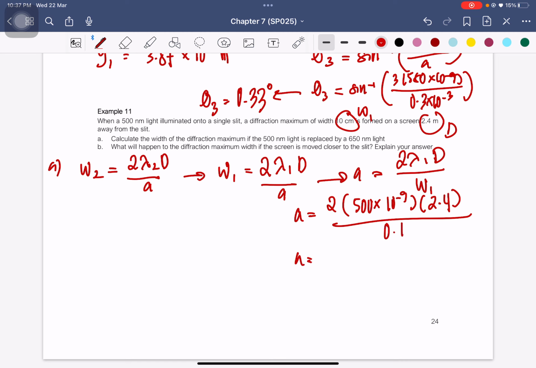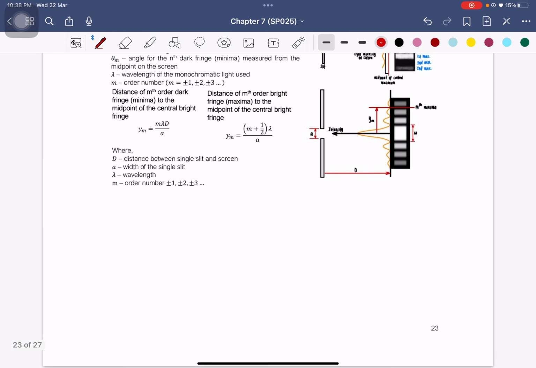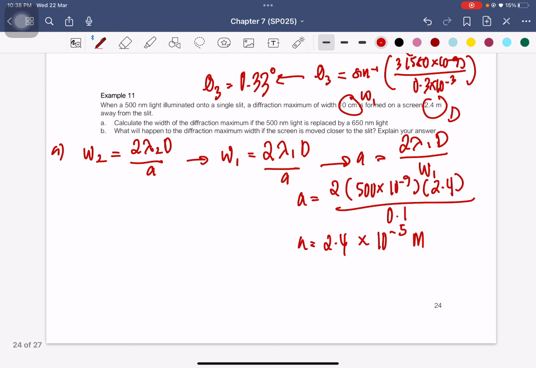So the slit separation is 2.4 divided by 0.1, so it is 2.4 times 10 to the negative 5 meter. So that is the width of the single slit.